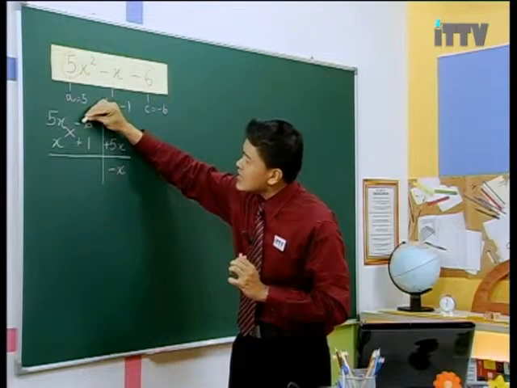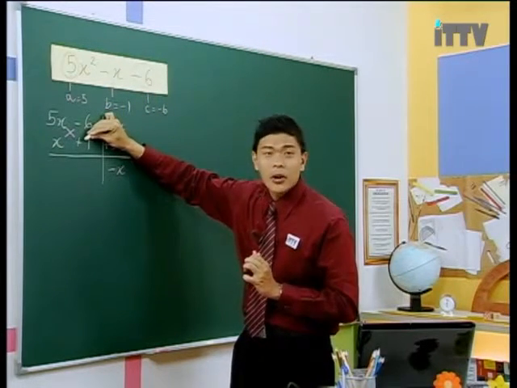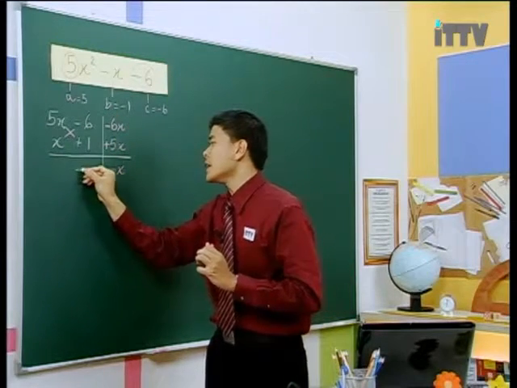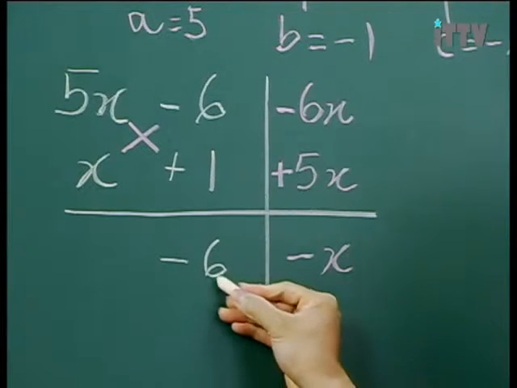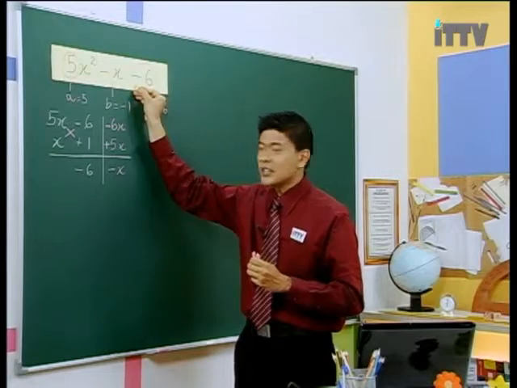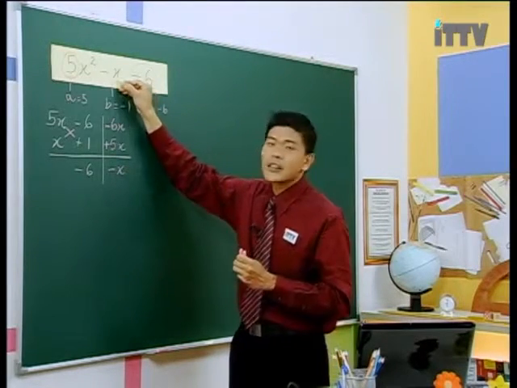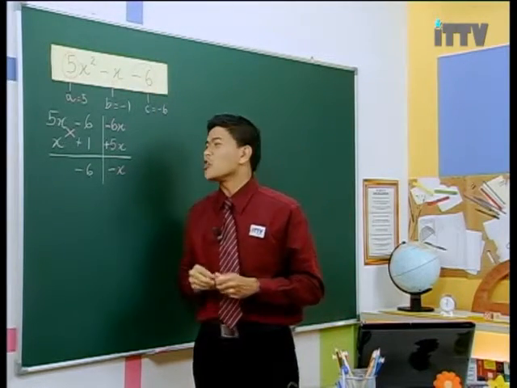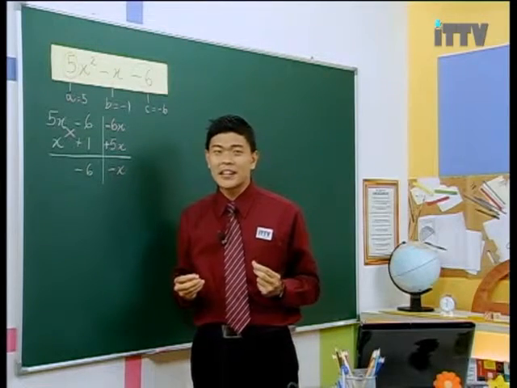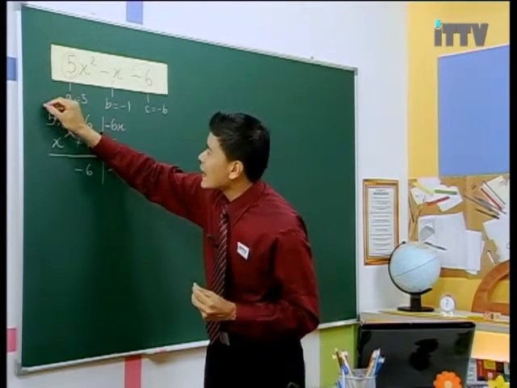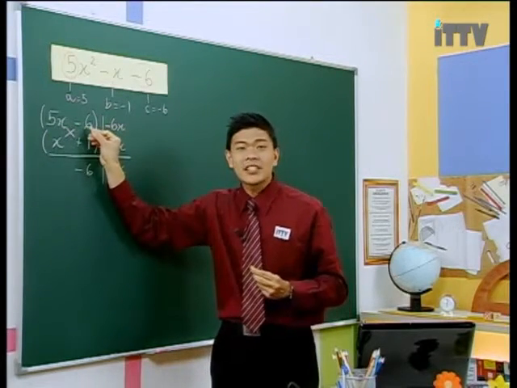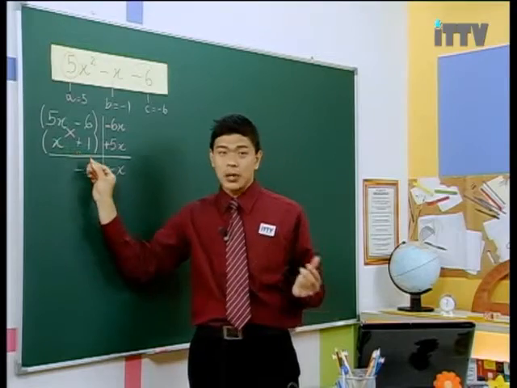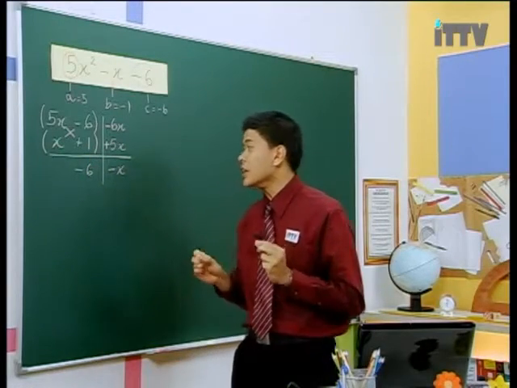So if minus 6 is multiplied by positive 1, you obtain a product of minus 6. And if you look back at your quadratic expression, yes, the product of minus 6 is here, and the sum earlier is correct. So this means that your 2 factors of this particular quadratic expression are 5x minus 6 and x plus 1, and you must always rewrite them.